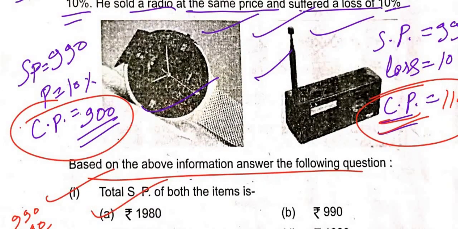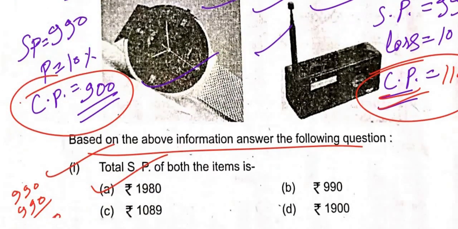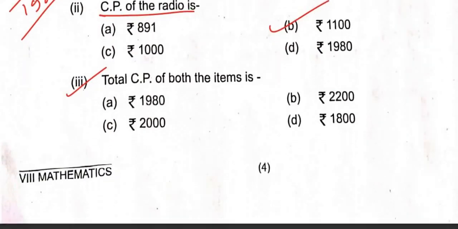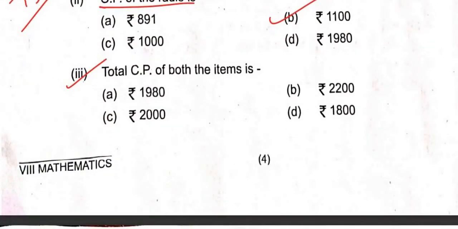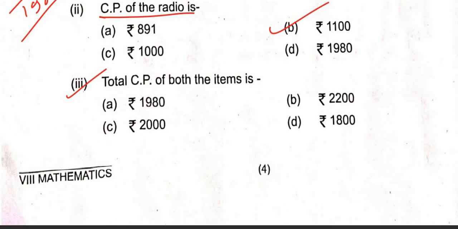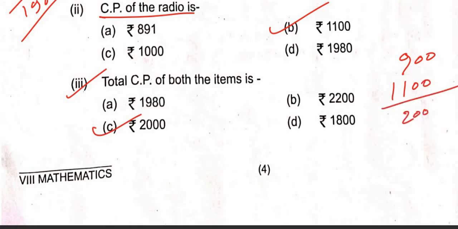So we have already got the total cost price, 900 plus 1100, it will be 2000 rupees. So option C will be the correct option, because the total cost price is 2000 rupees. 900 and 1100, definitely add it, we will get the solution. So 2000 rupees will be the total cost price.